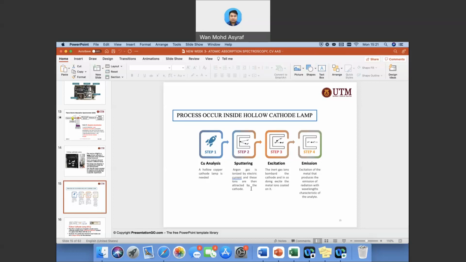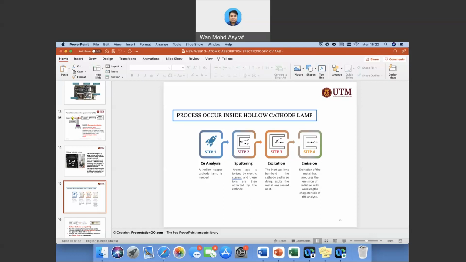And these ions are attracted to the cathode. So the argon gas ions, which is Ar plus, will be attracted to the cathode, where at the cathode is the element for your particular analysis. In this case, there is a copper element at the cathode. So what do these argon ions do to the metal?